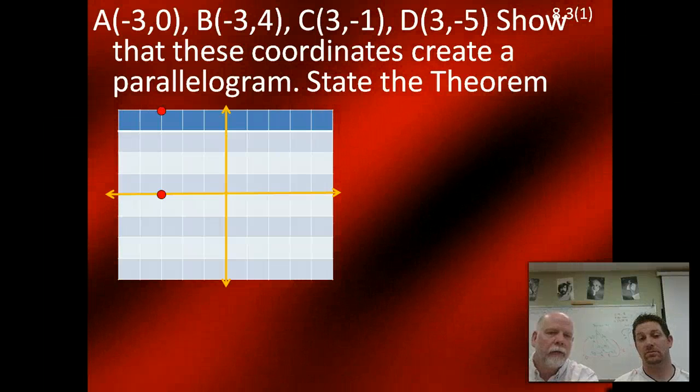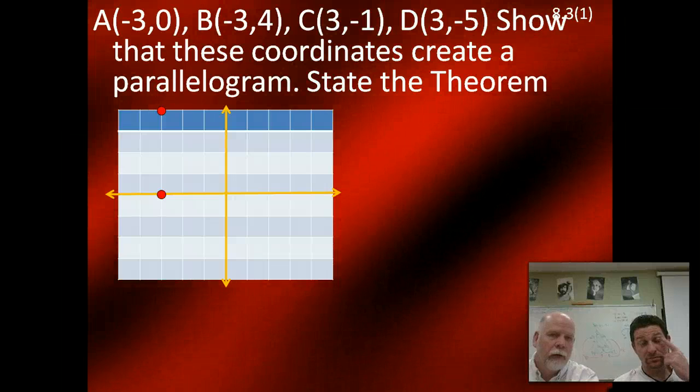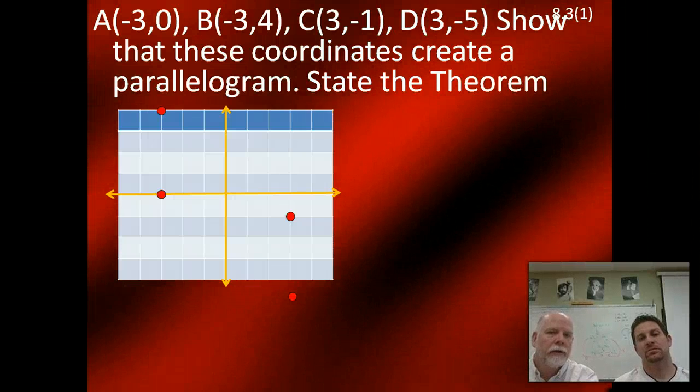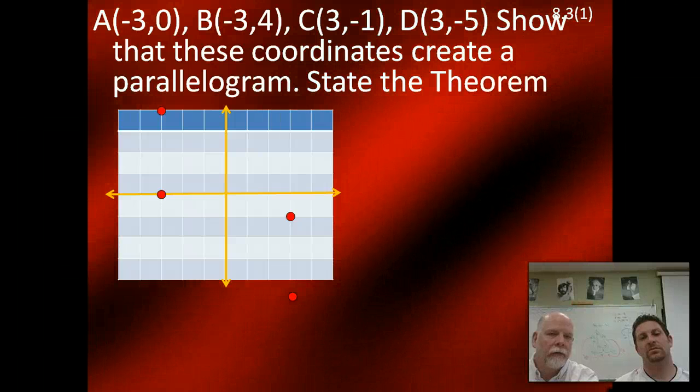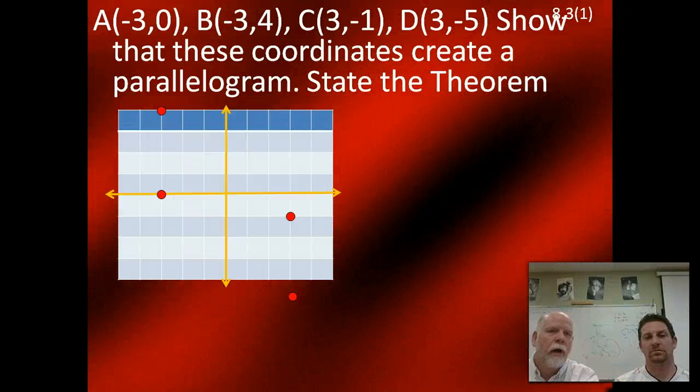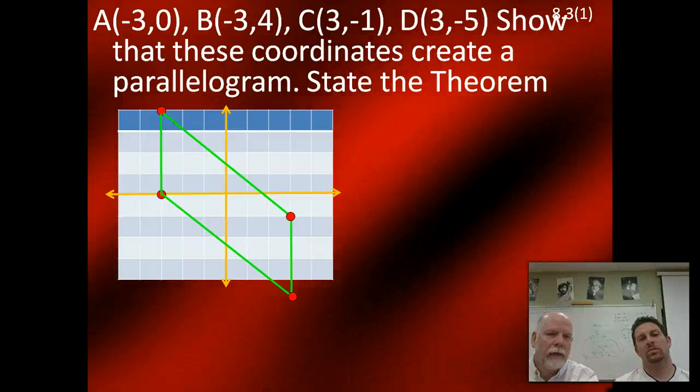There's B at -3, 4, which is helpful because they're on a straight perpendicular line there at least. C is at 3, -1, and D is at 3, -5. And so those are straight up and down from each other as well. So if we draw the quadrilateral that goes between all 4 of these points, we get that.